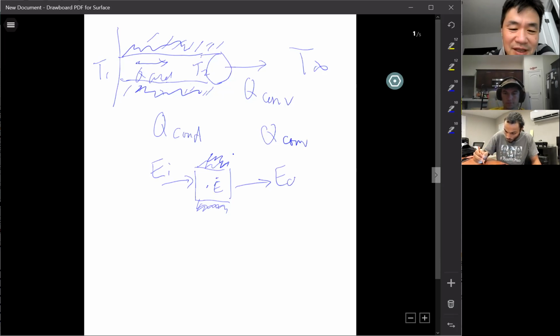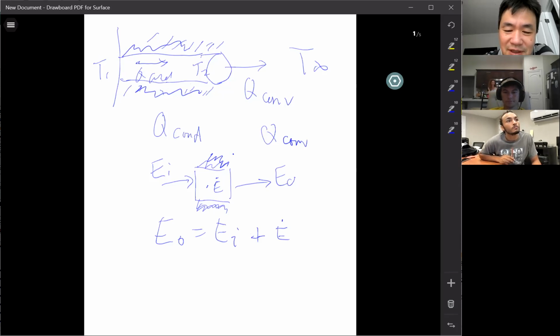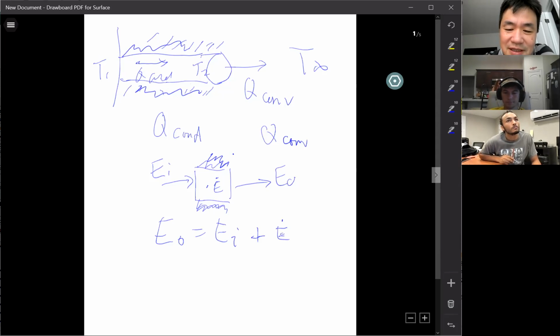So the energy out equals the energy in plus or minus the heat generation. Let's use lowercase e dot, per volume, times the total volume. Energy generation has to be related to the volume, right?